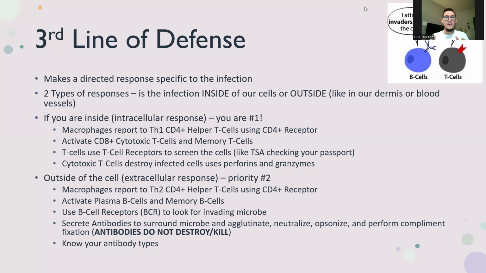So the CD8 cytotoxic T cells are basically checking the MHC1 and they're saying, okay, are you okay? Yep, you screen good. You look like you're supposed to be here. You're healthy. I'll move on to the next one. And then if it sees the opposite flag, then it knows, oh, you're infected. I need to get rid of you. It'll blast them with perforins and granzymes, make a bunch of holes in the cells.